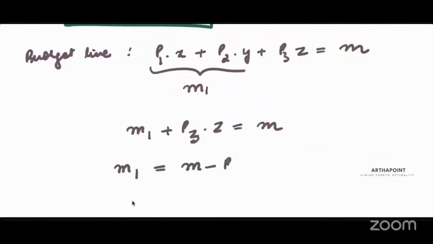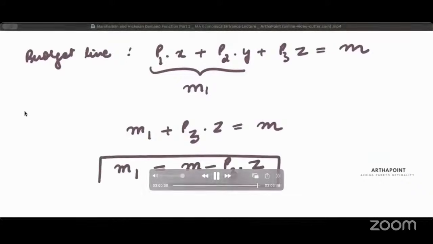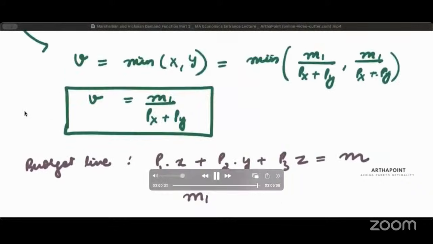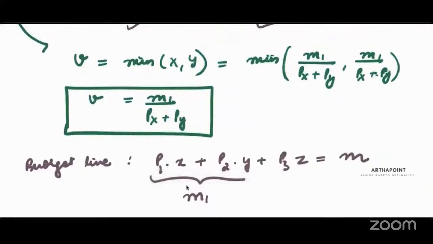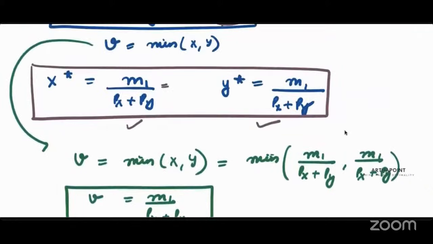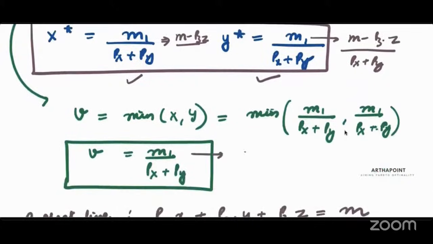M1 is M minus P3 into Z. So instead of this M1 everywhere, I can rewrite this as M minus P3 into Z. I can rewrite this as M minus P3 into Z. I can rewrite this also as M minus P3 into Z.